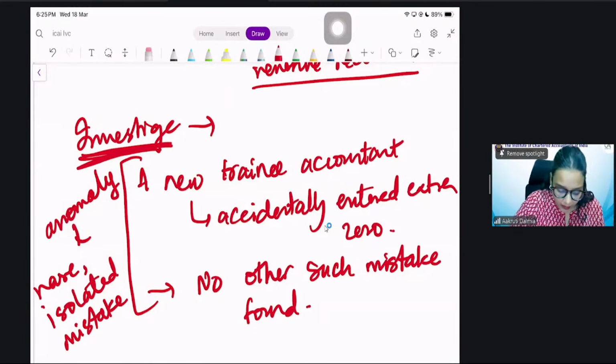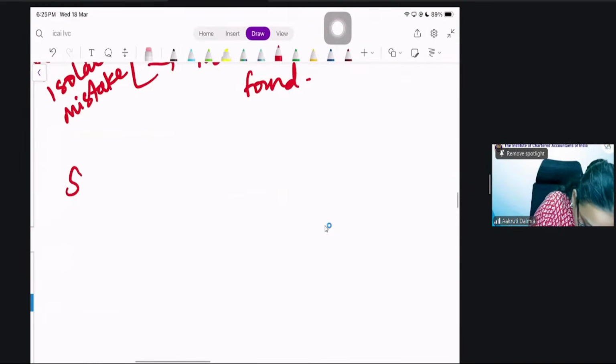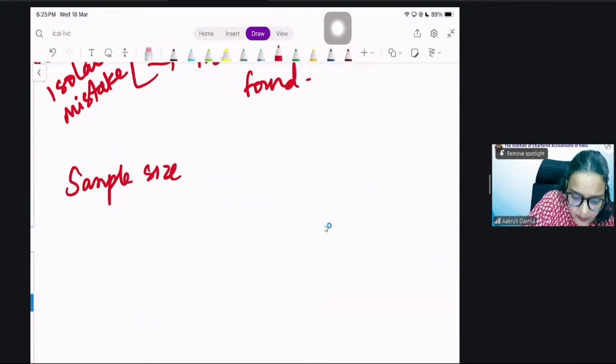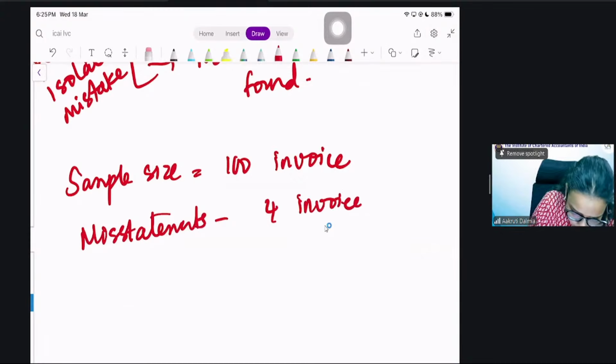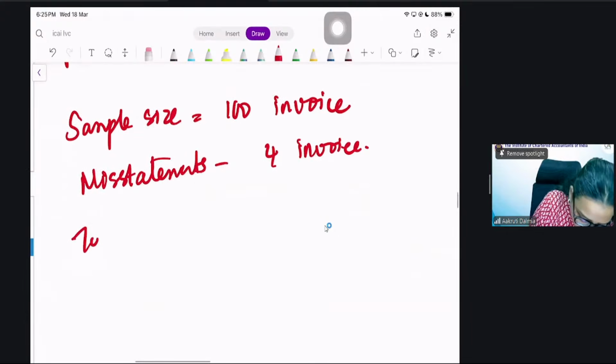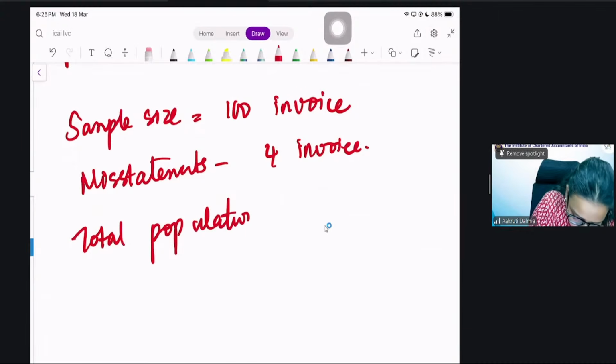Okay. So now let's say the sample size was 100 invoices, you found misstatements in 4 invoices, and the total population is 10,000 invoices.